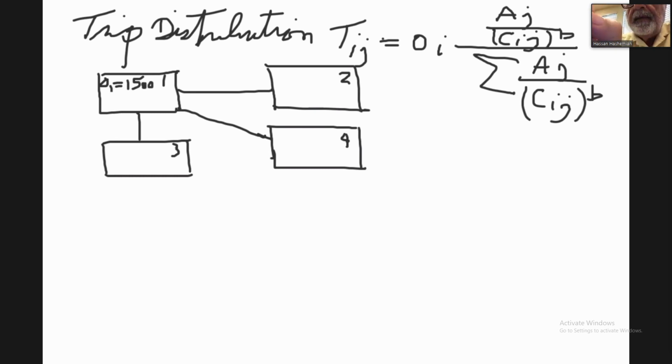Let's look at it this way: we have 1,500 shopping trips, people who want to go shopping, and there are 4 shopping centers, one in each zone. On the first one, the area of that shopping center, which is A1, is 10,000 square feet.